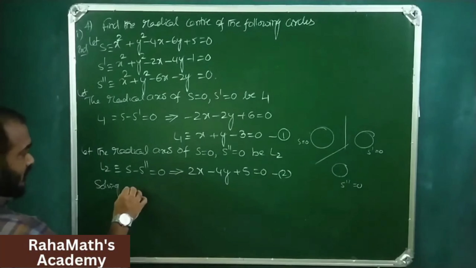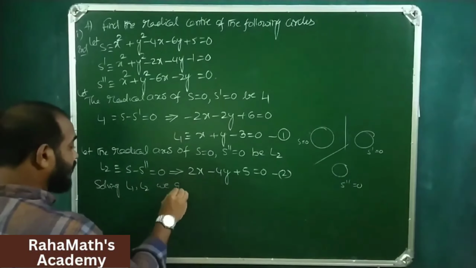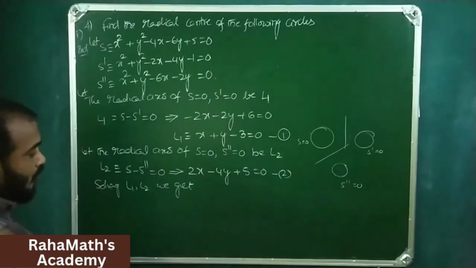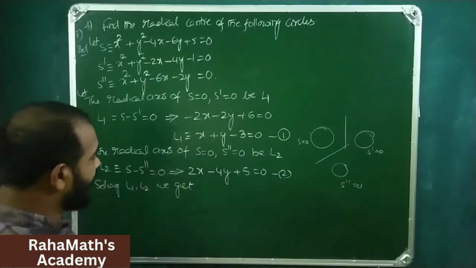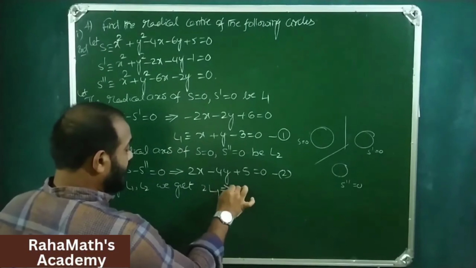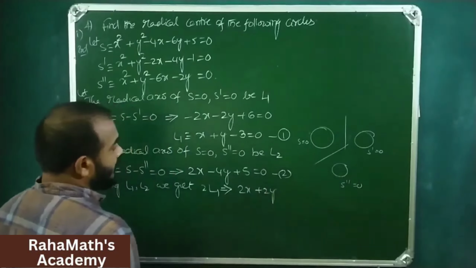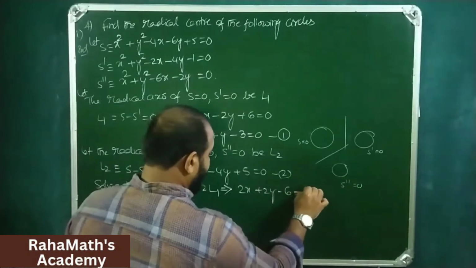Okay, so that is solving L1, L2. Now what I am doing is I will multiply L1 with 2. 2 into L1: 2x, 2y minus 2 3s are 6 equals 0.